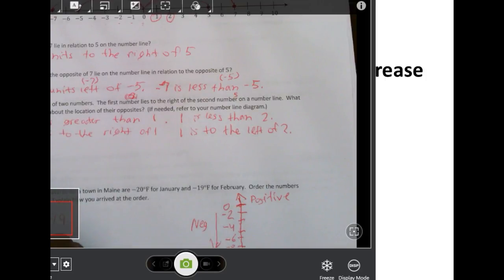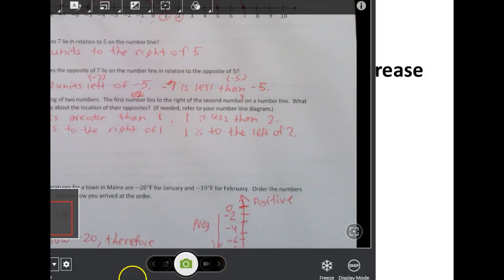Negative 19 is below negative 20. Therefore, negative 19 is greater. So this is our answer. Please take some time to record the notes.